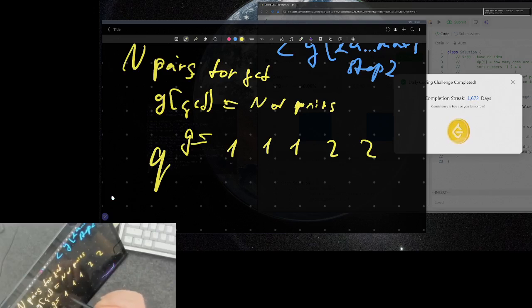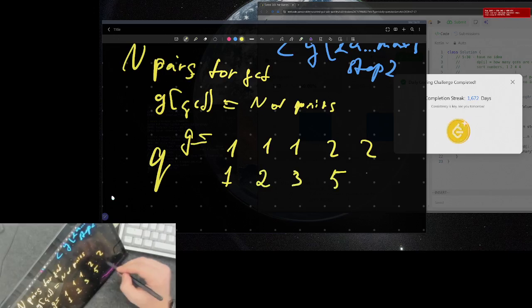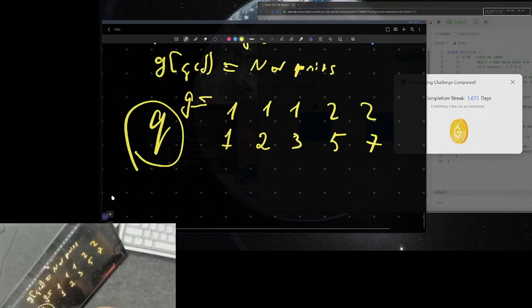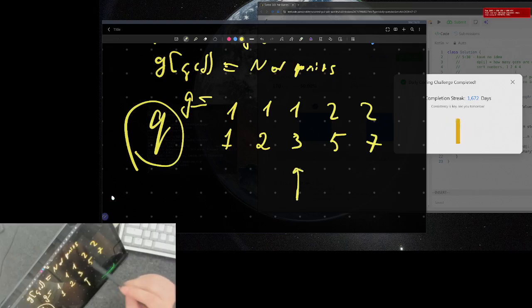So basically this is 1 pair, this is 2 pairs, this is 3 pairs, this is 2 plus 3, 5 pairs, this is 7 pairs, and for query q we just find this position, and this would be the answer.